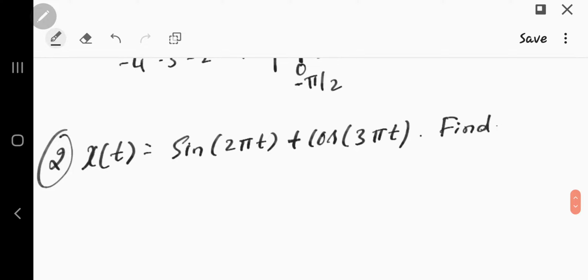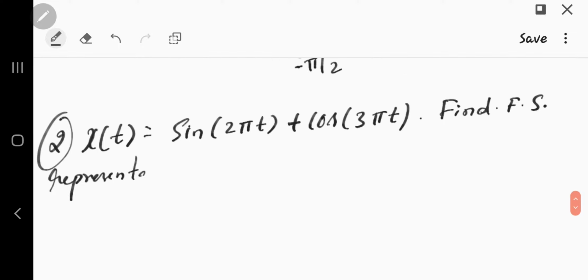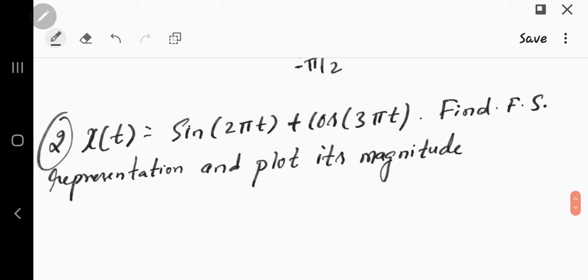So the problem is to find the Fourier series representation and plot its magnitude and phase spectrum. So this is the problem.